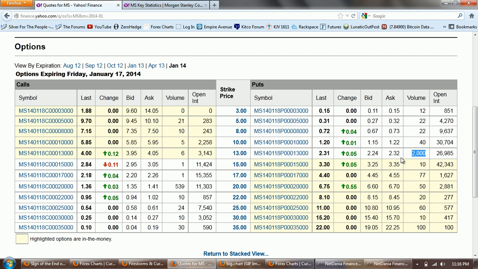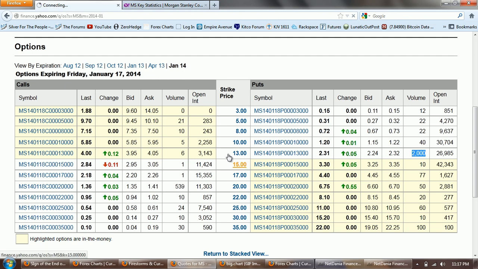I misspoke on the other one. It wasn't 200, it was 24. So this is about 230 bucks for this option times 2,000. So you do the math. Almost a $500,000 bet, apparently, that Morgan Stanley is going to be at least to break even on this. They paid $2. They need Morgan Stanley to be below 11 by the 17th of January 2014.